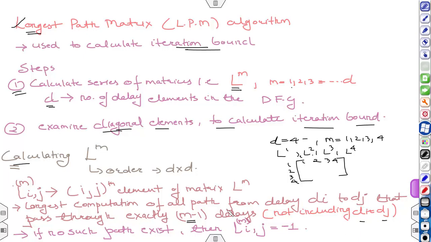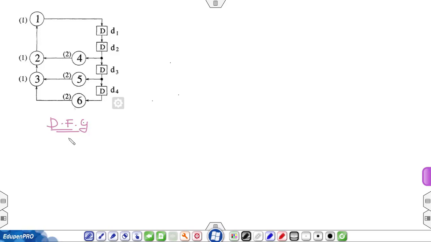So you have to find a path following this condition in the DFG, and if no such path exists, then l i comma j, m is minus 1. The i comma jth value for this matrix will be minus 1 if this first condition is not satisfied. So using these steps, we will calculate the iteration bound for this given DFG.